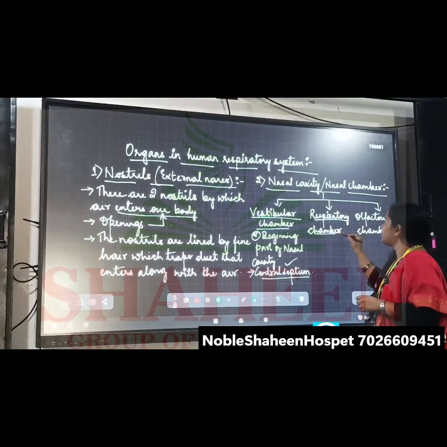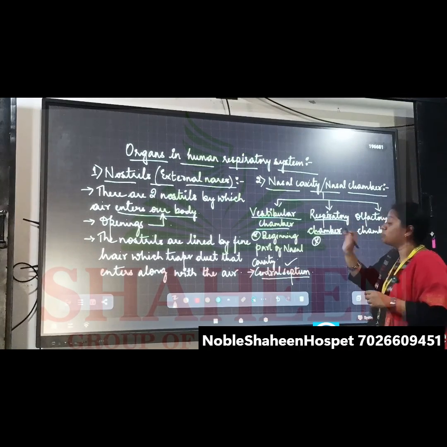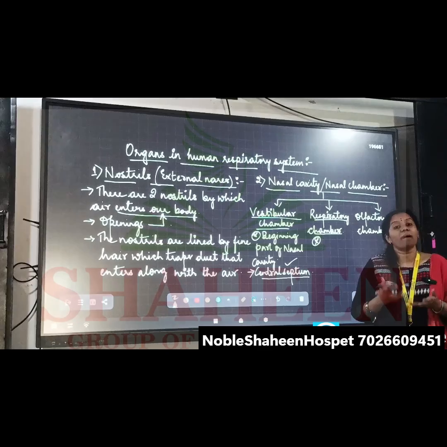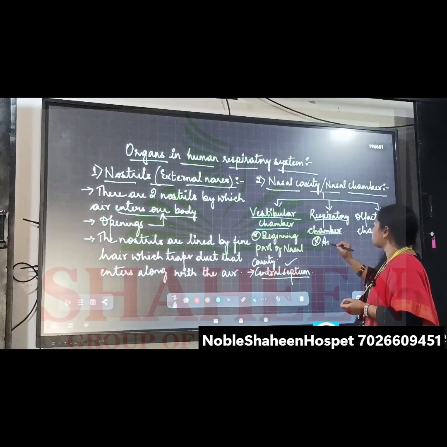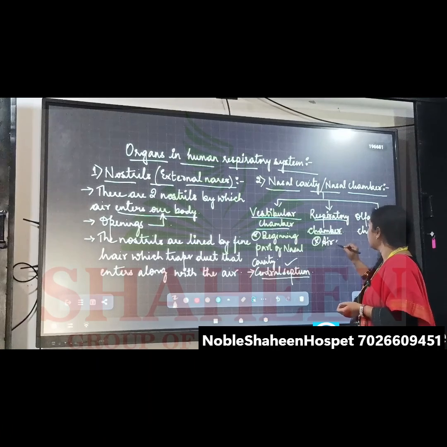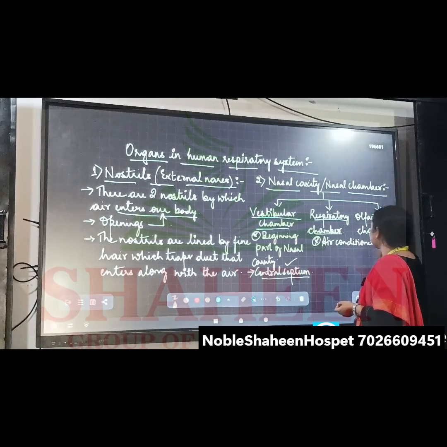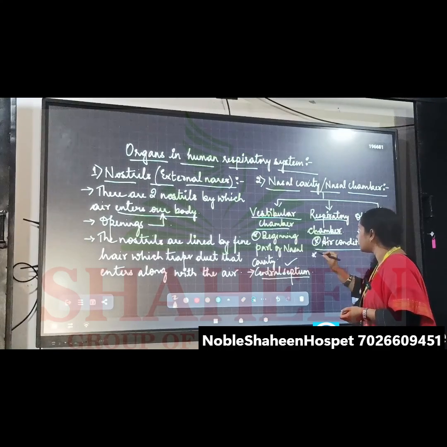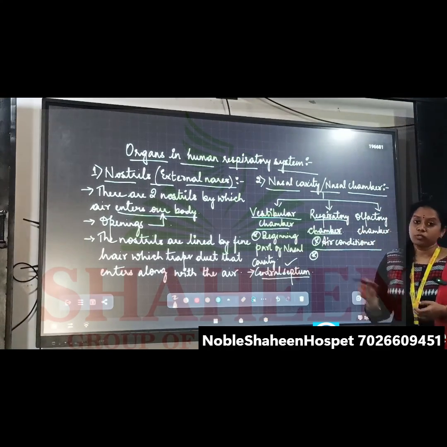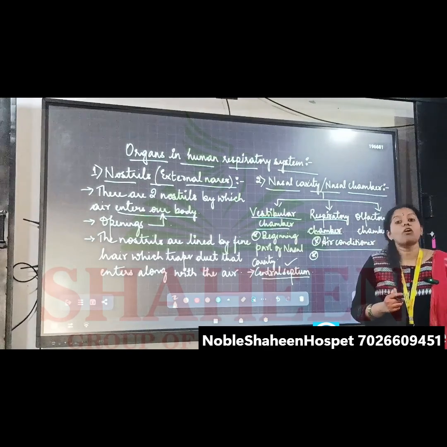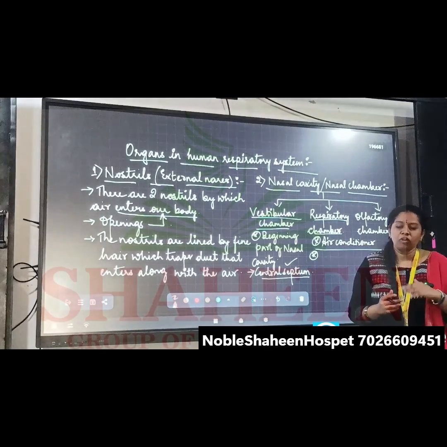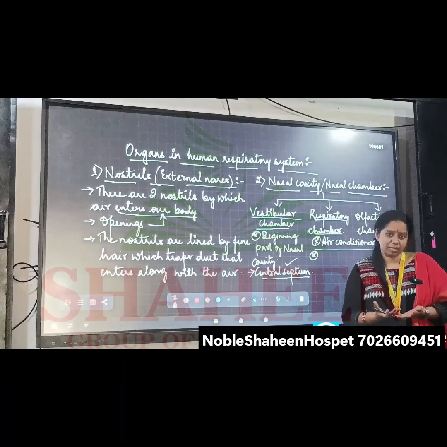What is this respiratory chamber? The respiratory chamber is the part which behaves like an air conditioner. Why is it called an air conditioner? This is the region which makes the air entering our body adjusted to our body temperature.